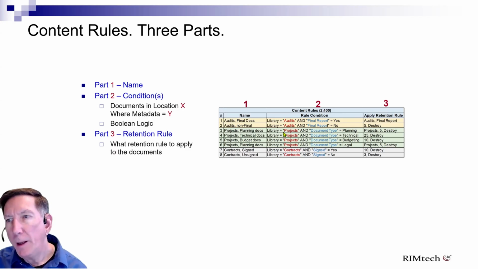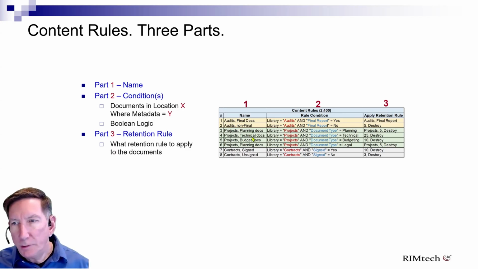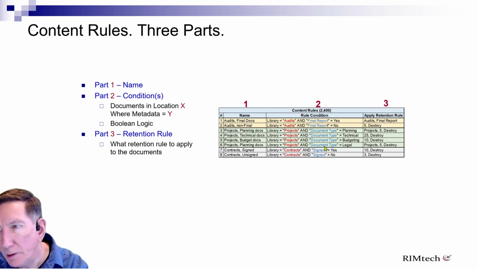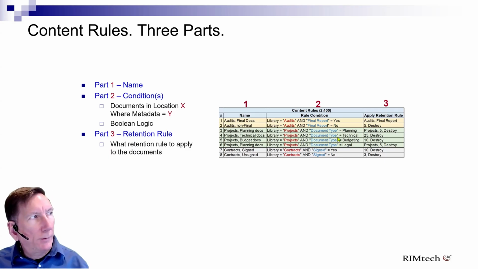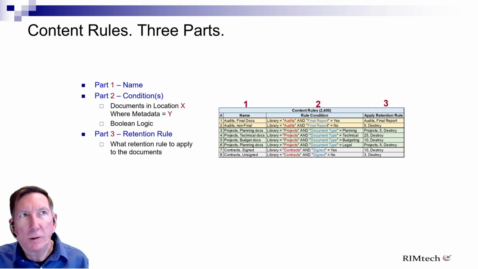Okay? Now, an even more interesting example is down below in projects. If the library name is projects, well, projects tend to have a lot of records, could be in the thousands. So most SharePoint deployments will have a field, a column called document type for planning, engineering, legal, permits, what have you. And you can assign a different retention rule depending on the type of document. For example, drawings. Well, draft drawings, maybe keep them for the life of the project.